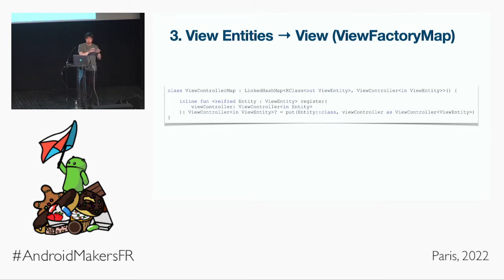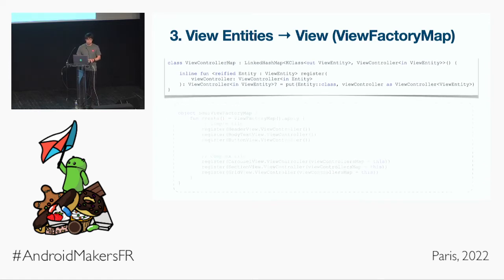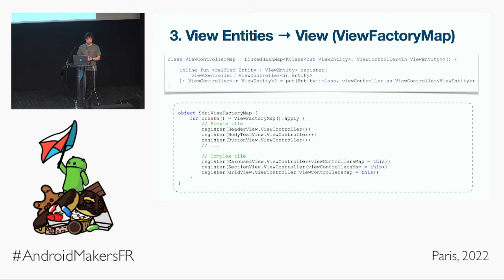Inline just moves the put into the place, and reified says to the compiler, yeah, you can use this type of the class, because this is not possible in Java. By that, we have this amazing sugar syntax. We just need to say register and header view.viewController, because the view controller knows what the view entity is, so we don't need to pass it as a key, because we can extract this key from this object.